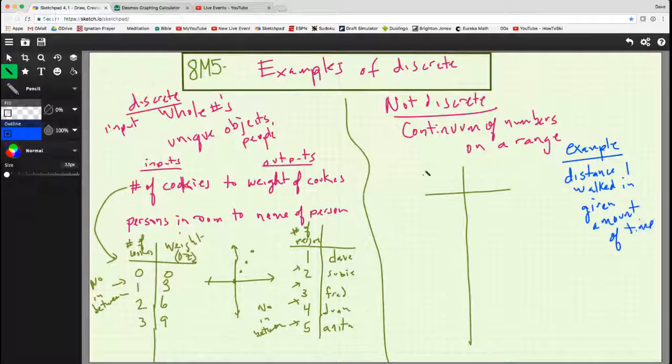So over here would be the time, say in minutes, and over here would be the distance in, say, yards.